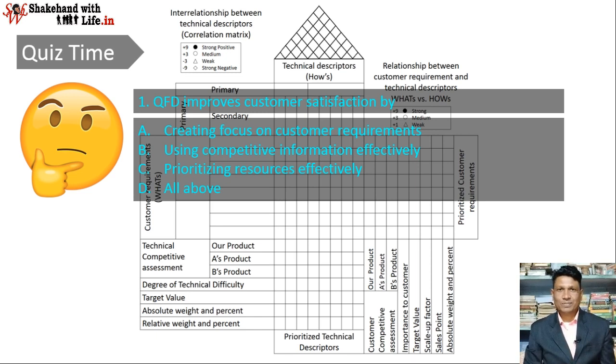What do you think? Which one is the right answer for the given question? How does the QFD improve the customer satisfaction? Choose the answer which you think is the right one. Drop your answer in the comment box below.